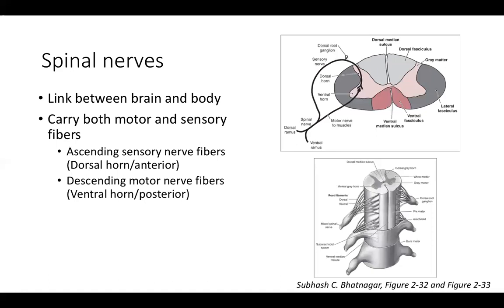In order for that to happen, the sensory information that came in from the ascending nerve fibers through the dorsal horn gave information from the periphery, from the outside world, the external environment, that there's something sharp, something that needs to be attended to. That information then gave over to the command for the motor nerve fibers to then move your leg and prevent you from getting hurt. So it's a combination of these spinal nerves that allows for those types of circuits to happen and to happen smoothly and successfully.